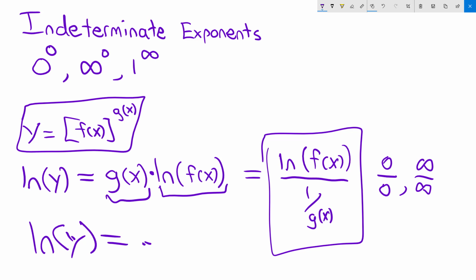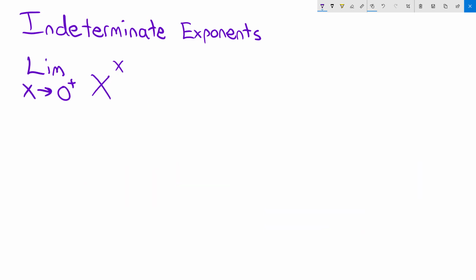So let's jump into an example to see what we're talking about. Here we have the limit as x approaches 0 from the right of x raised to the x. So both exponent and base are changing, but they're both going towards a really small number. And this really is indeterminate because there are two cases. Is the base going to 0 faster than the exponent?